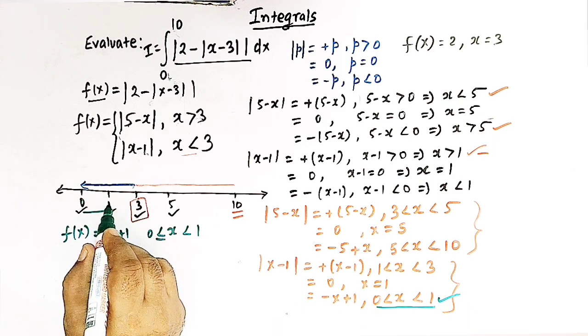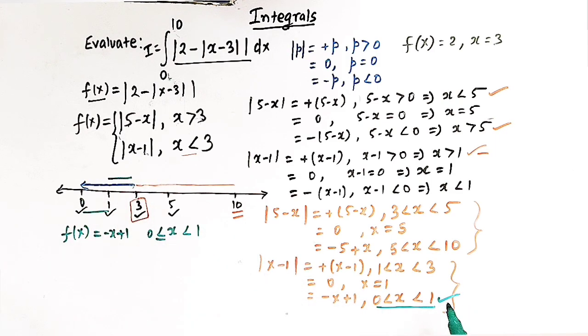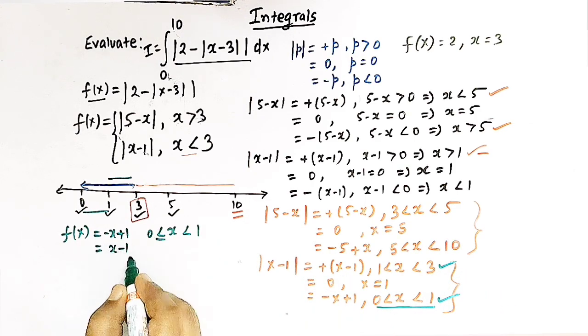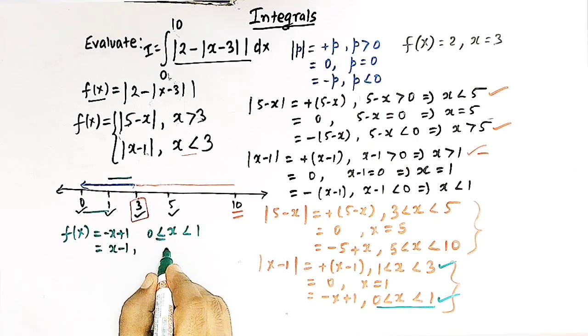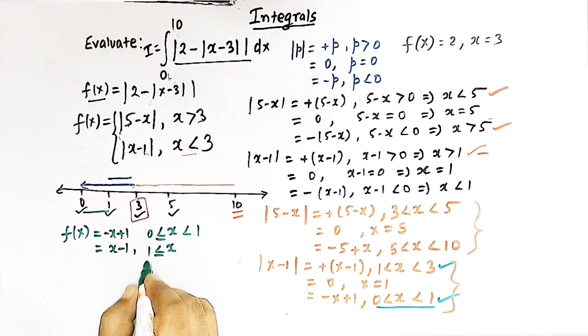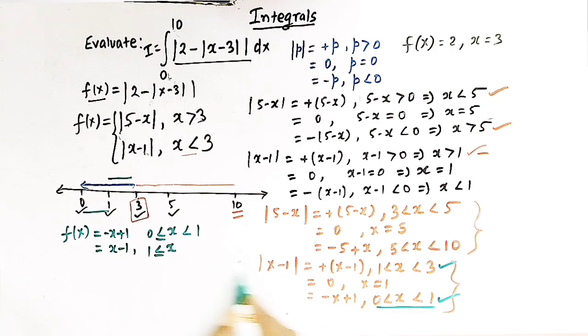Then we go from 1 to 3. So we have to consider this one. So f of x is now equal to x minus 1, and we have x greater than or equal to 1 and less than 3, right?